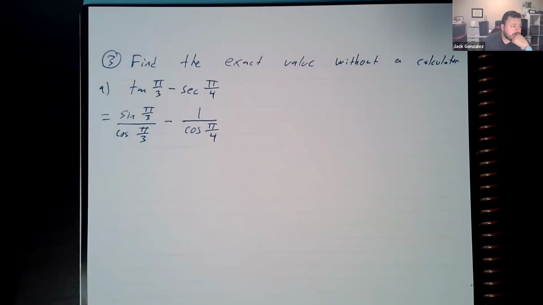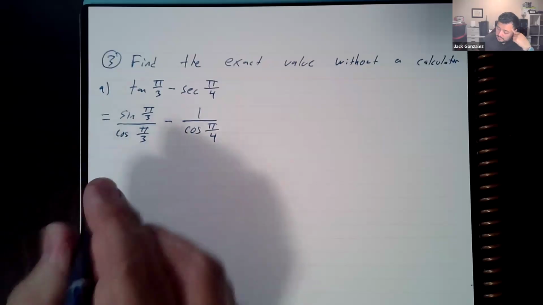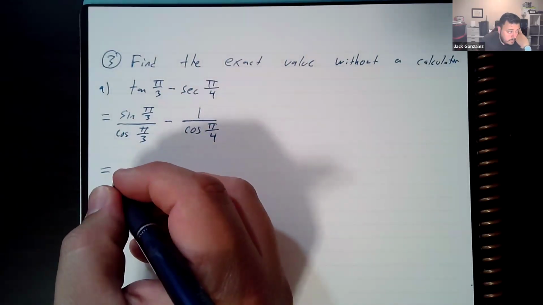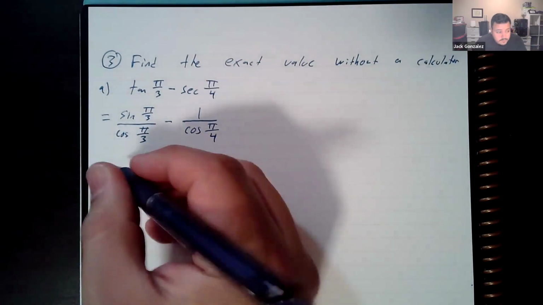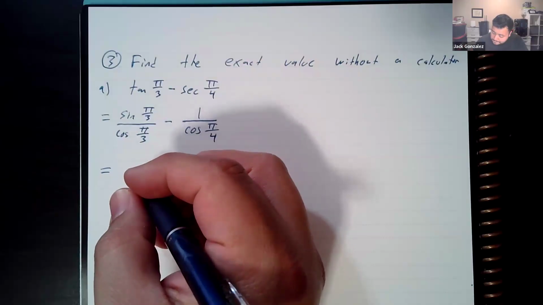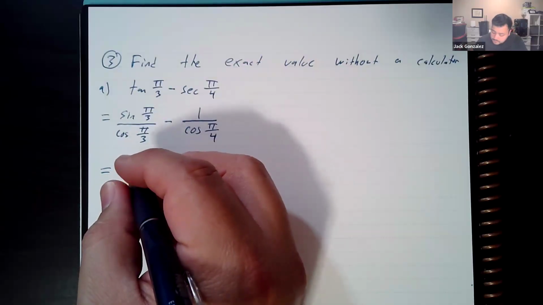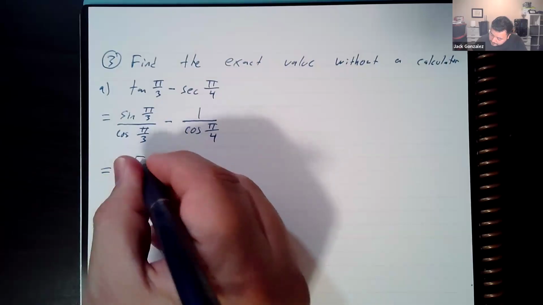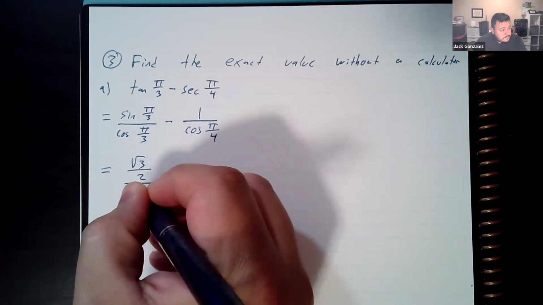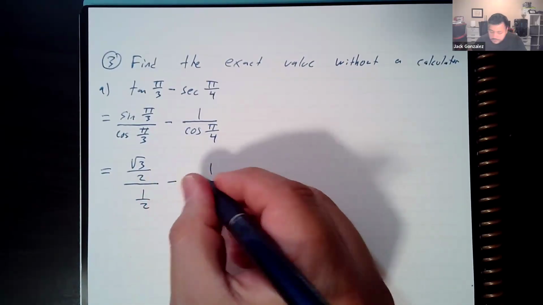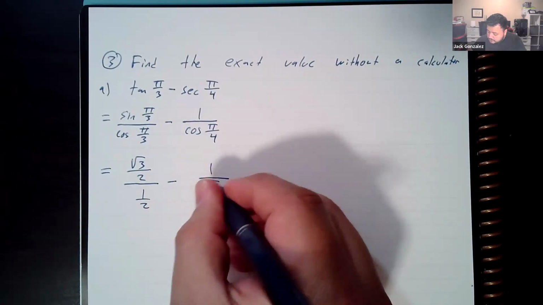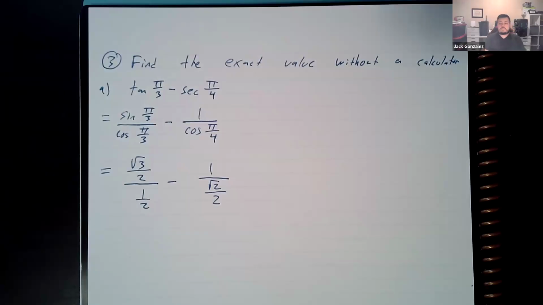So sine of pi thirds on the one they gave you or the circle is going to be root 3 over 2, over 1 half, minus 1 over cosine pi over 4, which is root 2 over 2. We're just plugging them in from the circle. You guys okay with that?